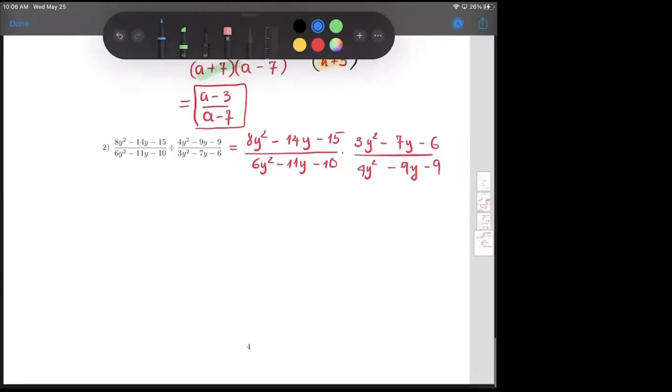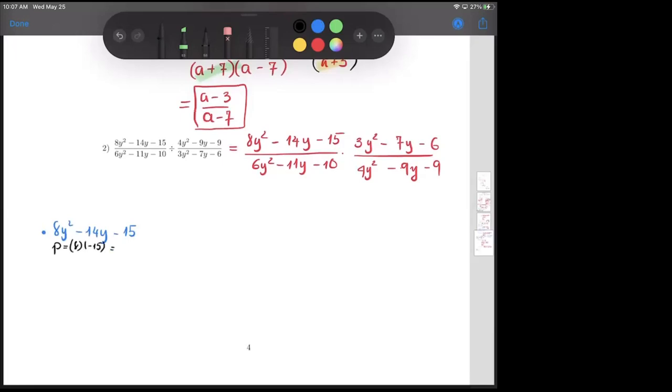Okay, so almost there. Just bear with me for like 3 more minutes. So I have 8y squared minus 14y minus 15. The sum is, let me do the product first, always product first. So product is 8 times negative 15.